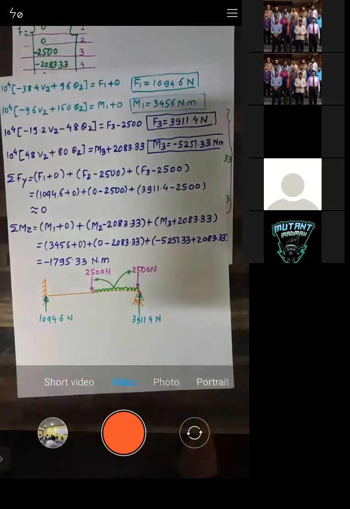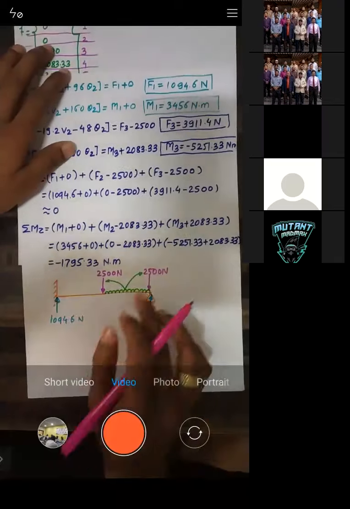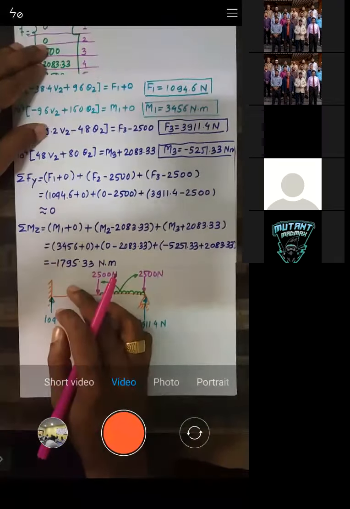Is that okay? Let me know. Now see, this is all about the forces. This is a condition of equilibrium that is being satisfied, right?